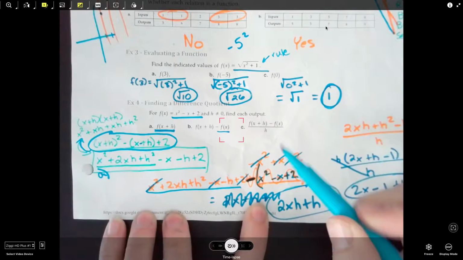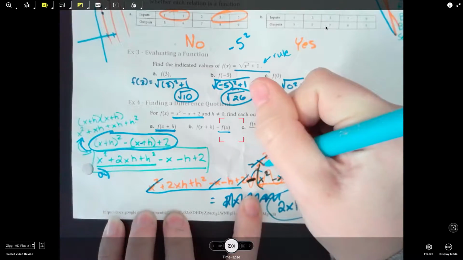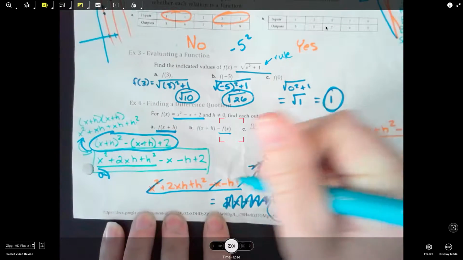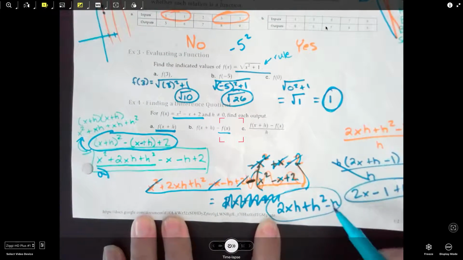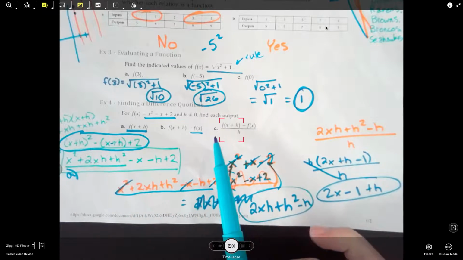And then above here I have written what we get when we distribute the negative through, which is negative x squared plus x minus 2. And then when you combine the like terms, you get 2xh plus h squared minus h. So use the step before it to get the next step.